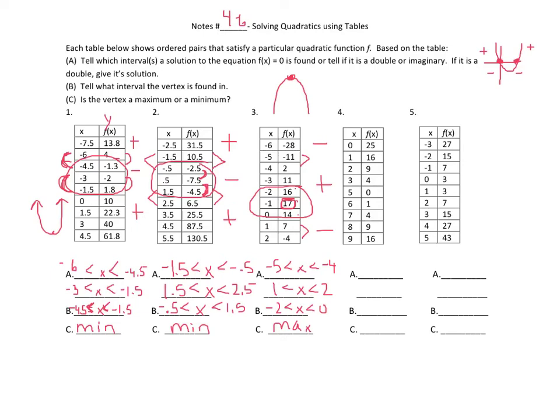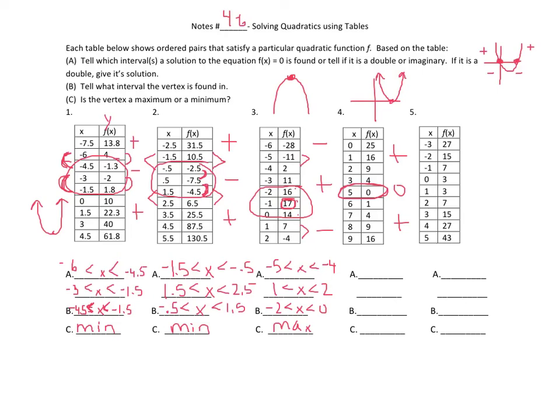Okay, so number 4, we want to look for the y values changing signs, but you'll notice that they're not going to change signs at all. And so that means that we have a solution, and it's right here. You see that they're positive, and then it goes to 0, and then it starts going positive again. So basically it's going to come down, hit the x-axis, and then start going back up again.